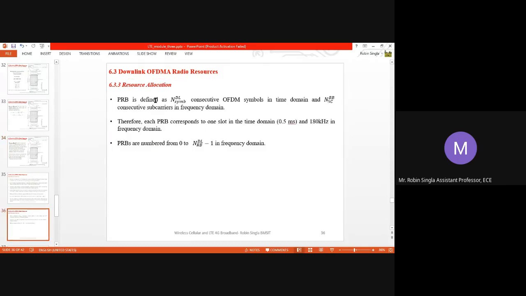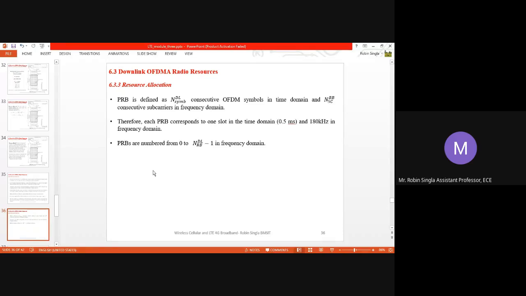Therefore, each PRB corresponds to one slot in the time domain of 0.5 millisecond and 180 kilohertz in the frequency domain.